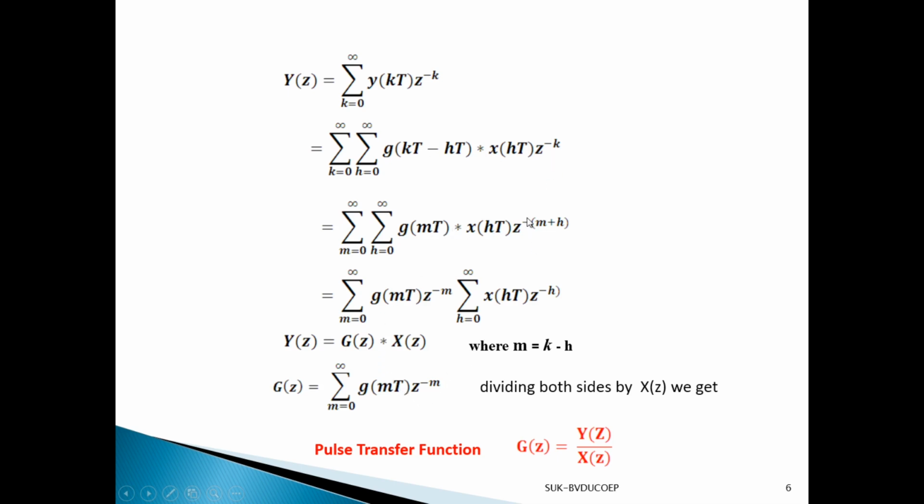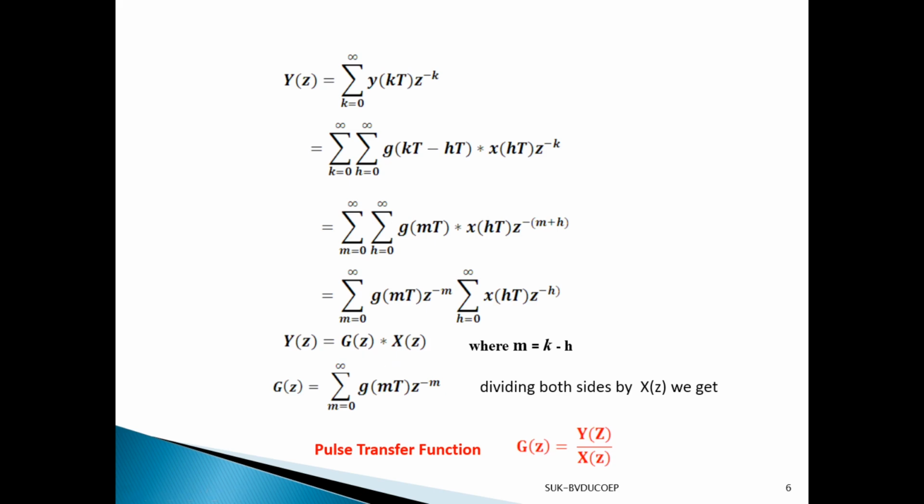I am substituting k equal to m plus h, and I am getting g(mT) z raised to minus m and x(hT) z raised to minus h. So we get this convolution summation as the multiplication of the two sequences, Y(z) equal to G(z) into X(z).